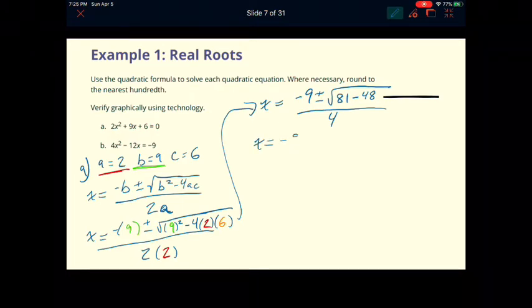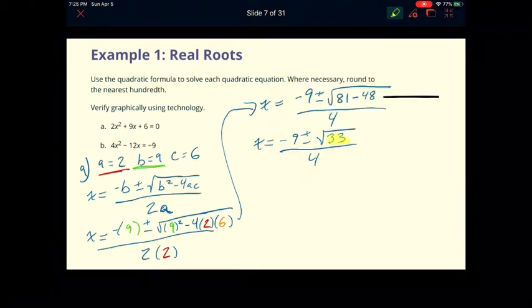Simplify what is within the square root sign. 81 minus 48 is 33 all over 4.